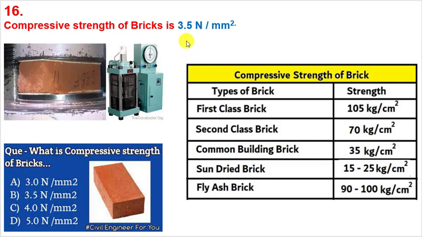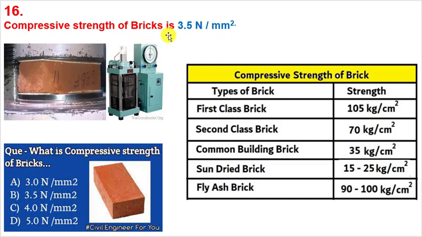This is actually a general value, because on the basis of the class of the brick, either first class, second class, common building brick, sun-dried brick, or fly ash brick, the compressive strength varies with the type of brick. But in general, we consider 3.5 Newton per millimeter square as the compressive strength of bricks.